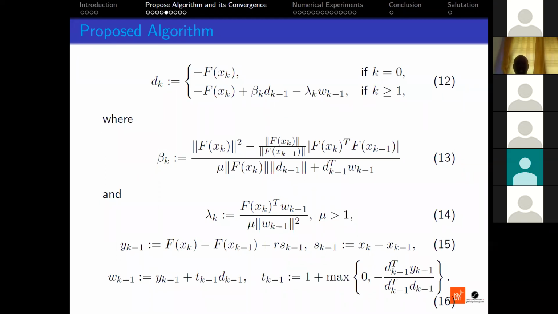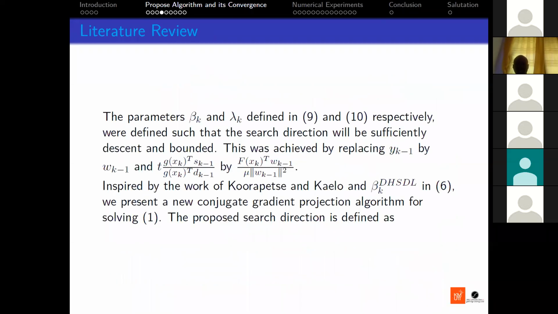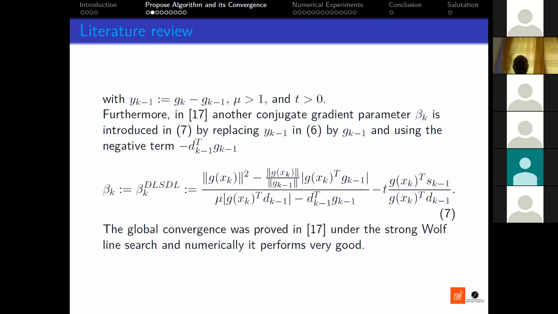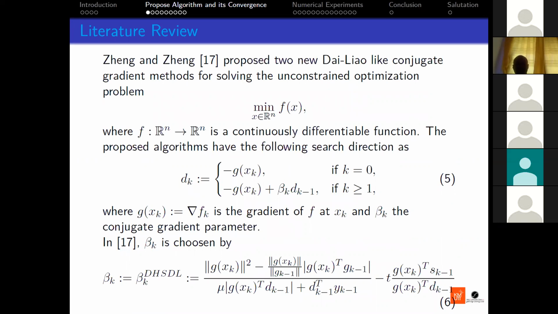Now this beta k given by 13 is exactly the first term of beta k of Zeng and Zeng here. This 6, you can see, is the same thing. We just replace g of xk with f of xk, because in our problem we have f. F is what we need if we are going to use the conjugate gradient method. So we replace g of x here with f.